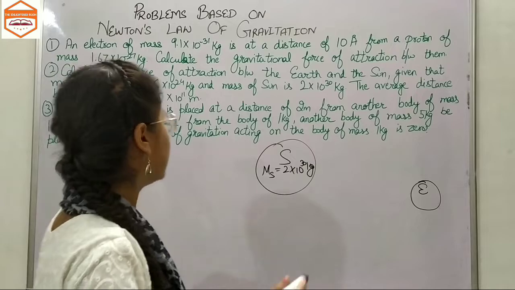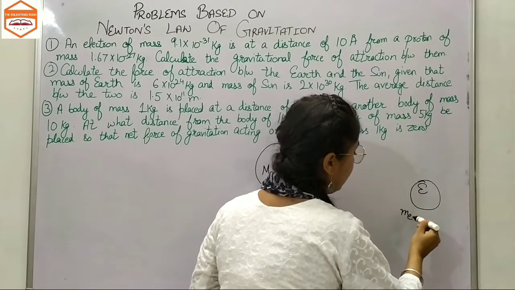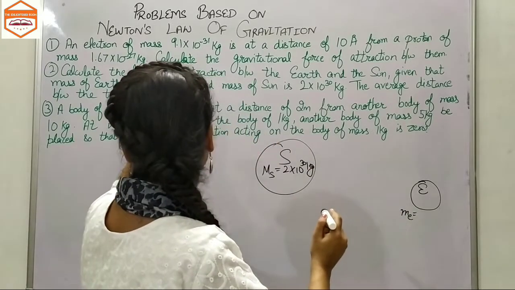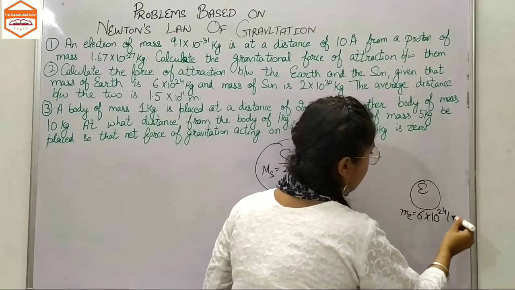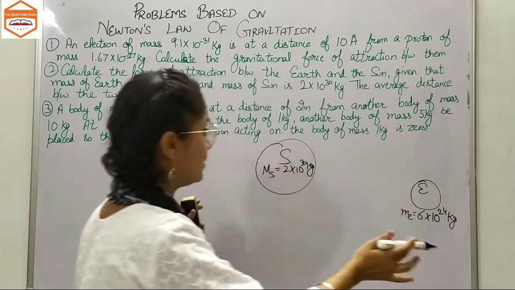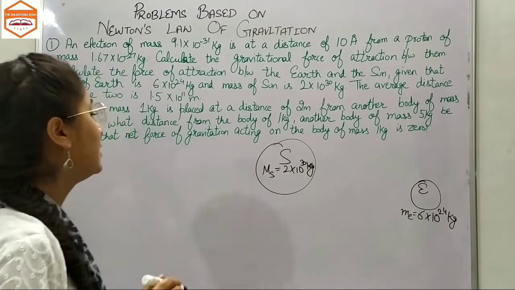That mass of Earth, I'm going to denote as m_E, and it is 6 × 10^24 kilograms. Now you all can see the difference in their masses. It is a great difference, right?